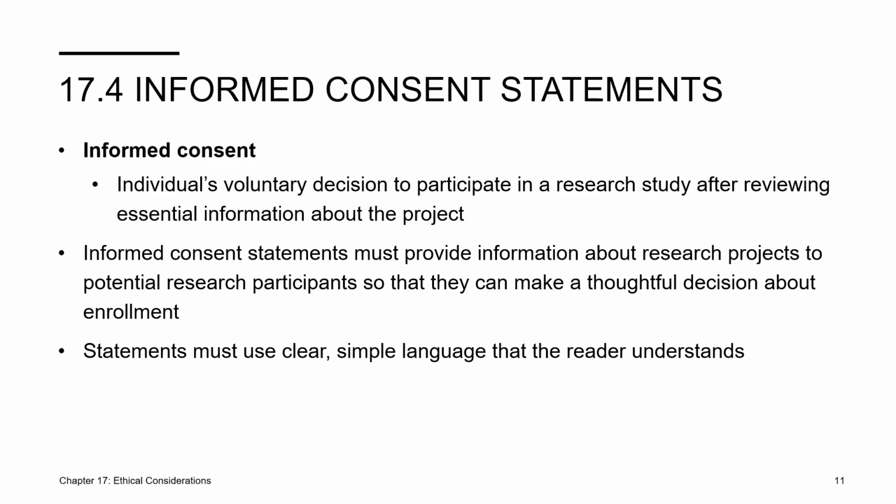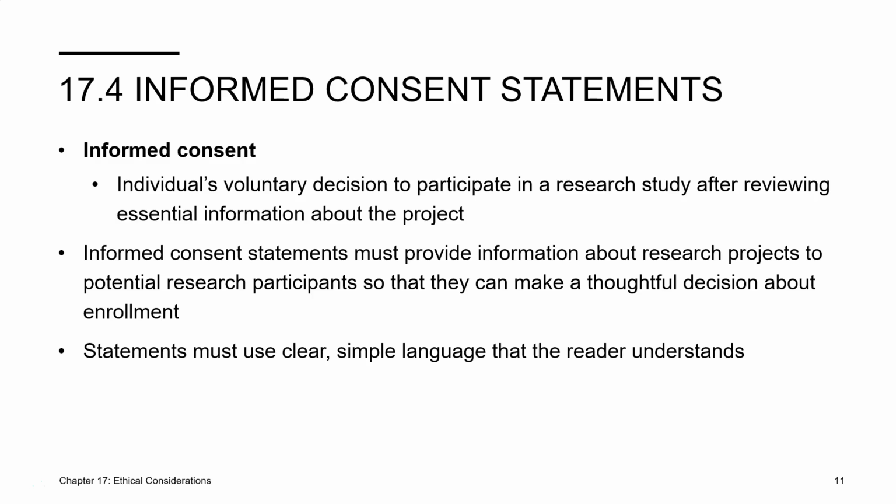And so 17.4 goes over more specifics about those informed consent statements. Informed consent is an individual's voluntary decision to participate in a research study after reviewing the essential information about the project. So they should know that information before deciding whether to be in the study.